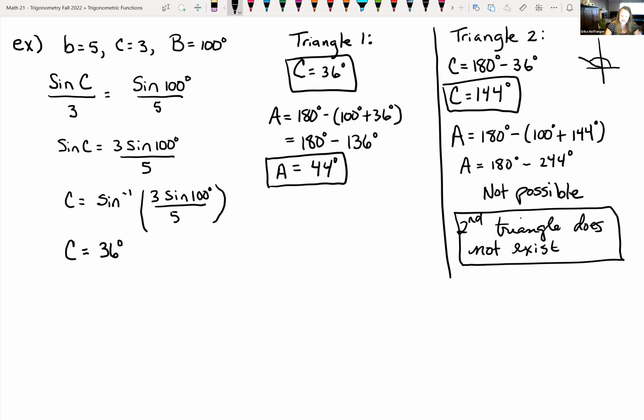So side A all over sine of angle A, which is 44 degrees, equals side B, which is 5, all over sine of angle B, which was 100 degrees. So multiplying both sides by sine of 44 degrees, we get A is 5 times sine of 44 degrees all over sine of 100 degrees.